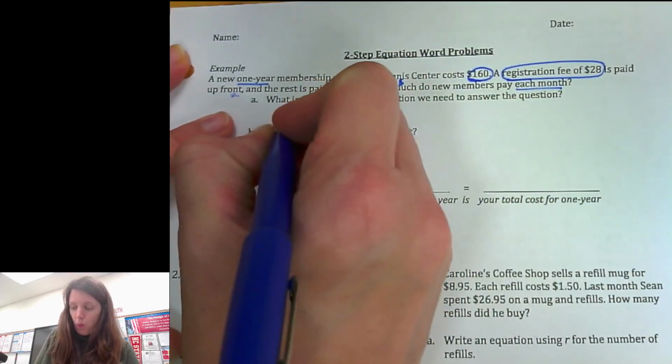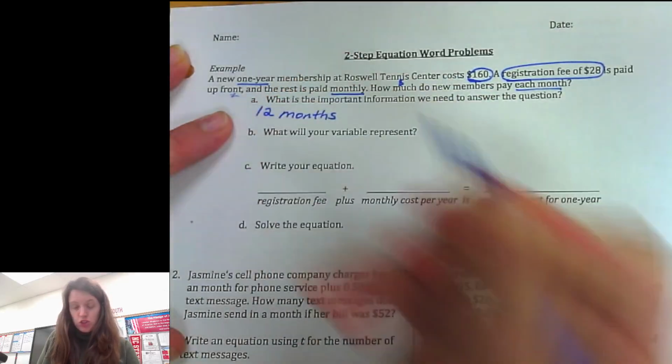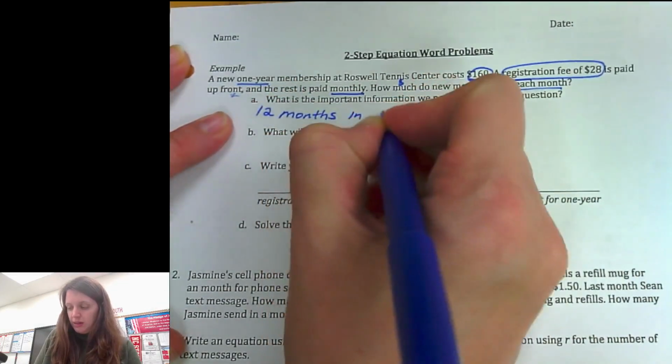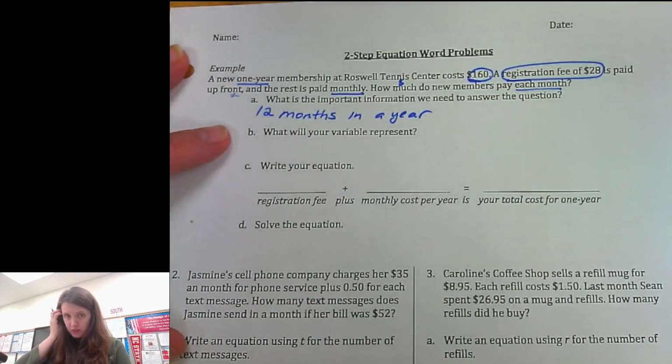So one important piece of information is that there are 12 months in a year. I'm going to need that information to create my equation, because I need to figure out if I paid for 12 months, how much did I pay each month?